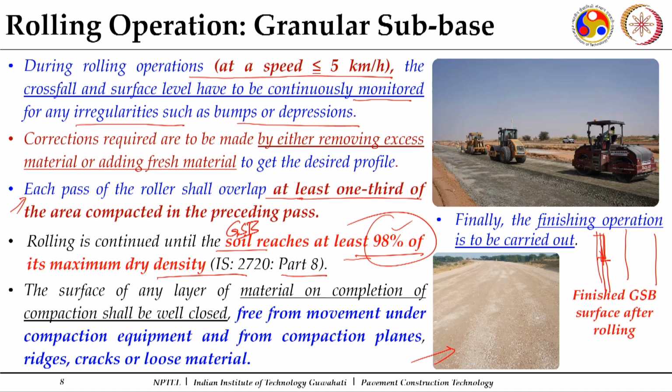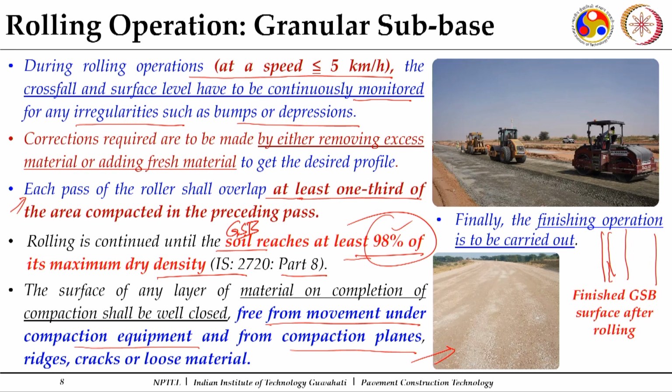So, the surface of any layer of the material on completion of compaction shall be closed, free from movement under compaction equipment. When this compaction is completed, you will observe no material movement. And free from compaction planes, because when one pass goes, there will be a plane which will be formed.